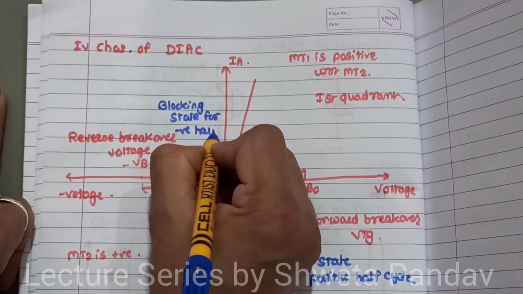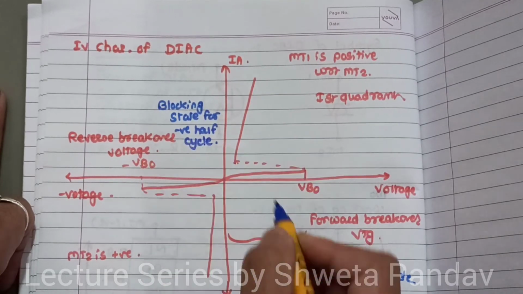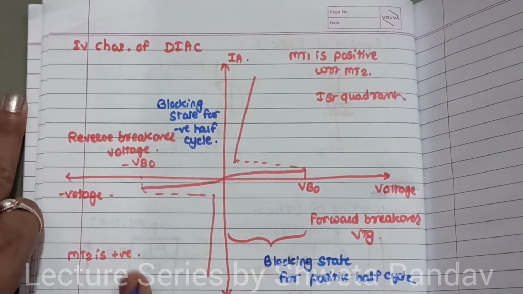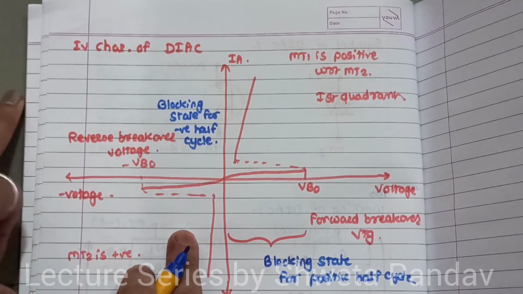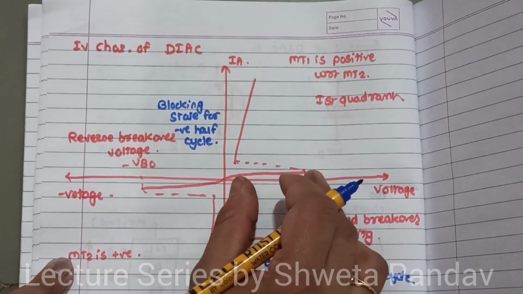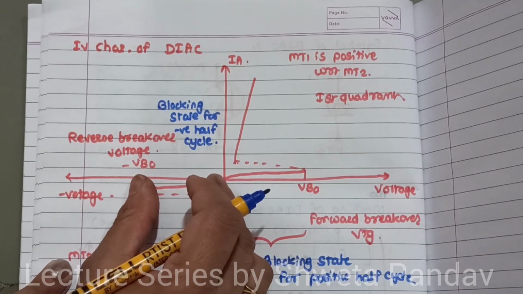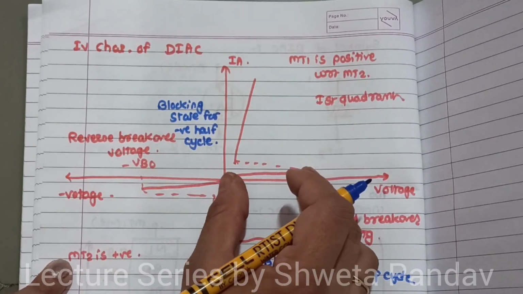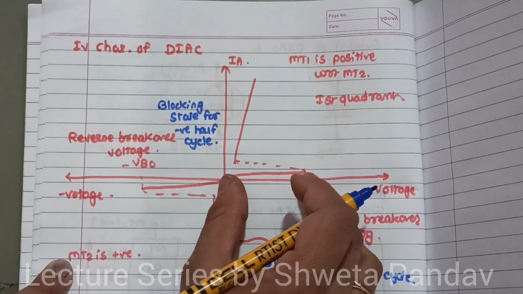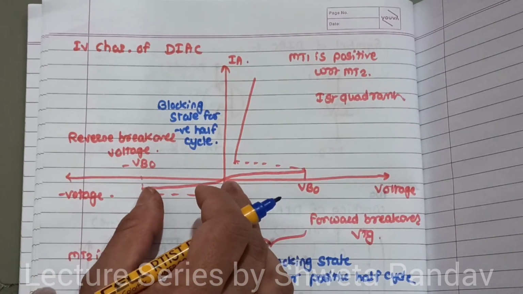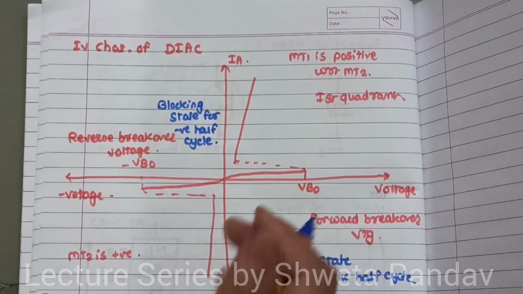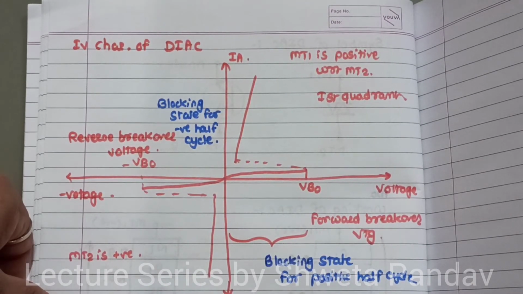Initially, the DIAC can be turned on either due to the positive half cycle or due to the negative half cycle. The current increases in small steps until the breakdown occurs, either in the positive direction or in the negative direction. This small current is called the leakage current.